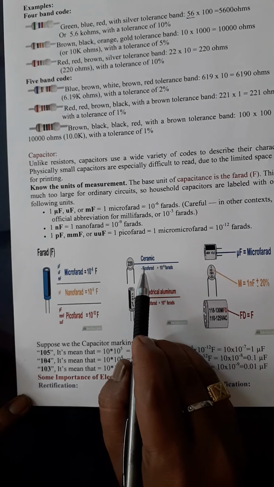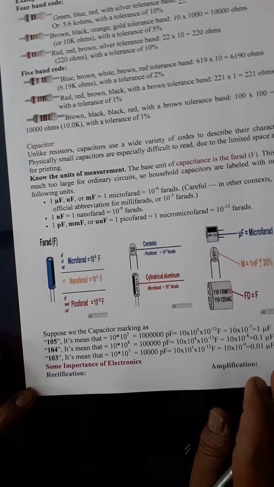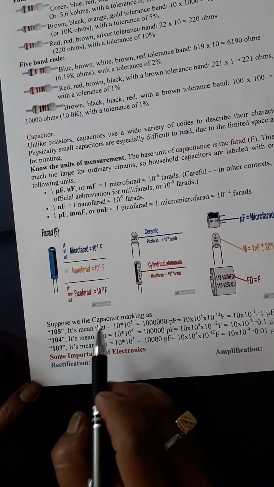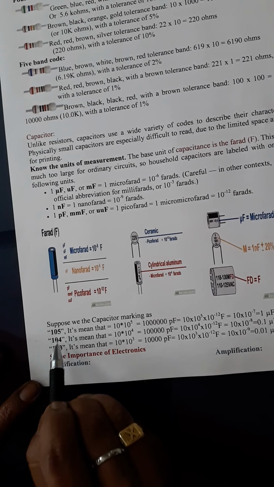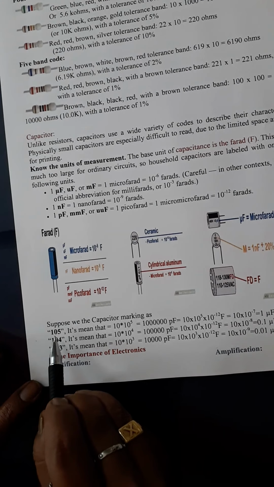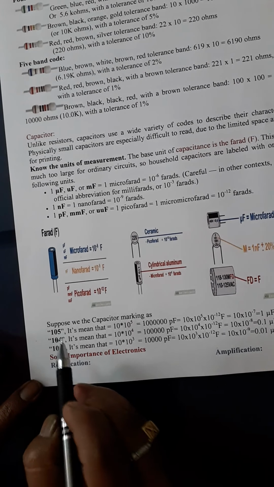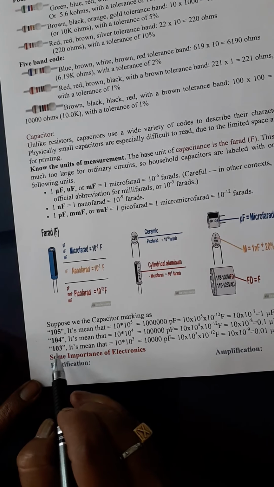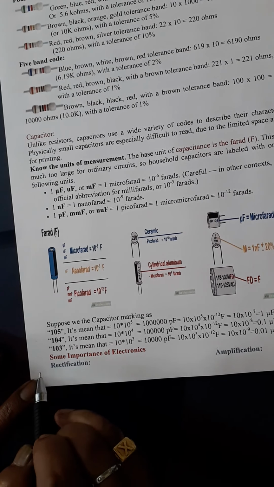But if you go for the ceramic capacitor, it is denoted by a number written on the ceramic capacitor. It may be 105, 104, 103, 102 or 101.